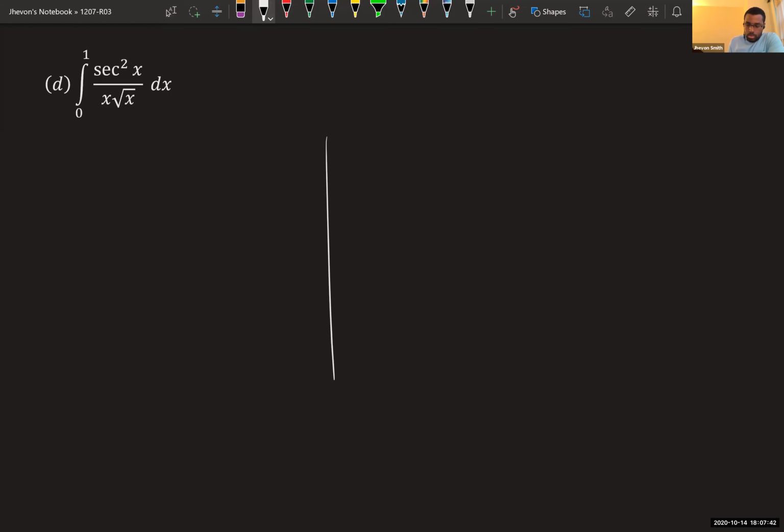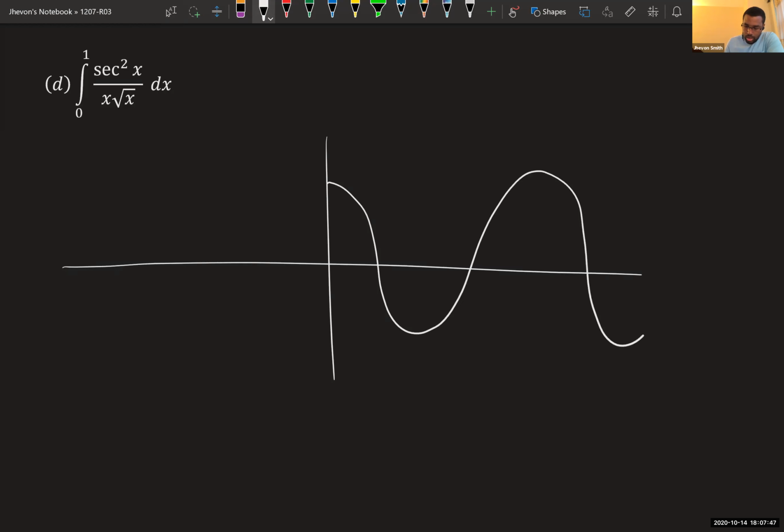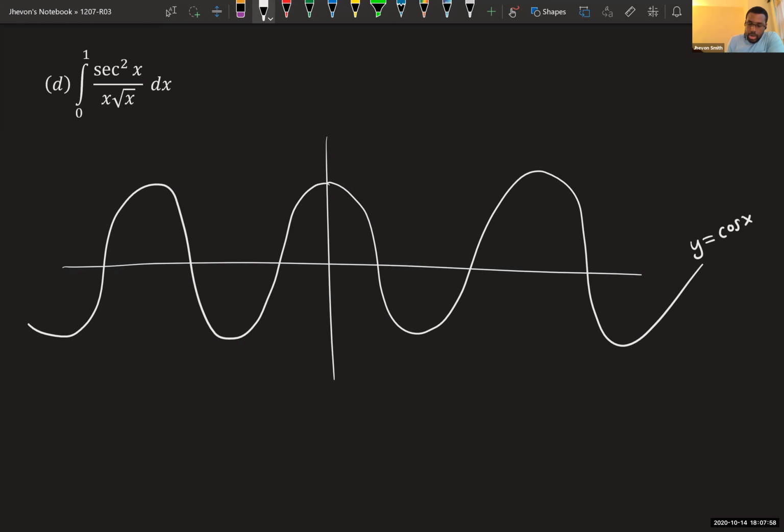So let's start by looking at the cosine. I guess, from 0 to 1, it doesn't matter since it won't reach pi over 2. So this is y equals cosine x. Yeah, but we want to look at the behavior here. And of course, it hits 0 here, here, here, here, here, here.